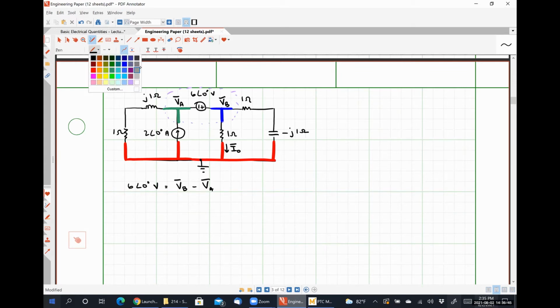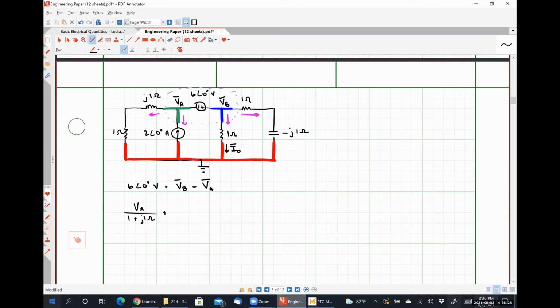So that's one equation. My second equation will involve writing a Kirchhoff's current law equation at my supernode, right? Since my supernode doesn't contain ground, I'm going to add this current plus this current plus this current plus this current together and set them equal to 0. And that'll be 2 equations, 2 unknowns, and I'll be finished. So starting at node A, I will have VA divided by 1 plus J1 ohms.